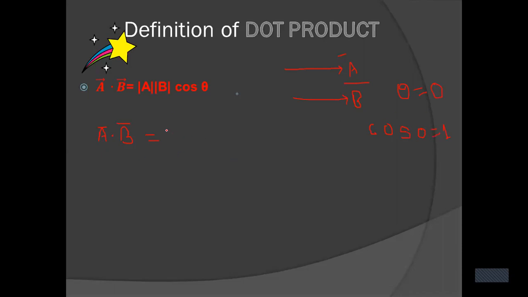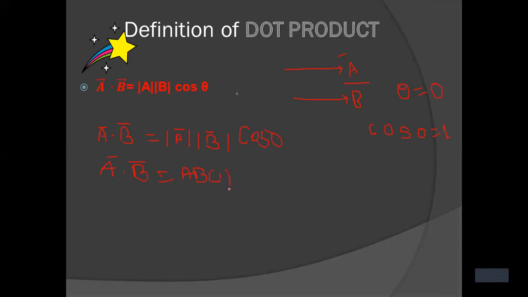So we have to write this equation. A bar dot B bar is equal to mod of A bar, then mod of B bar into cos 0. Now, mod of A bar means only A, mod of B bar means only B, and cos 0 is equal to 1.